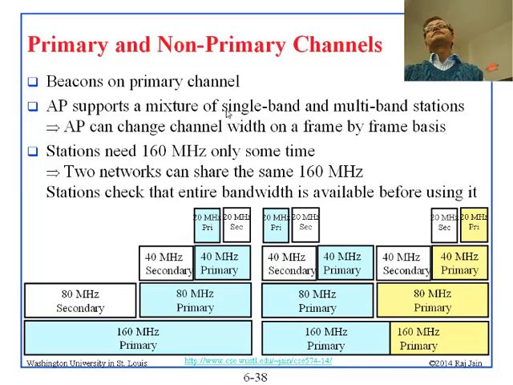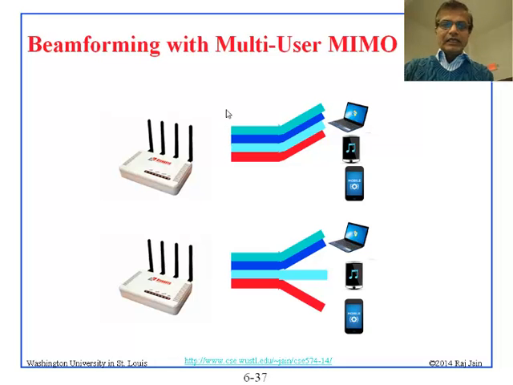Yeah. With the beamforming and the multi-user MIMO, is there a relationship between the antennas and the users? Like one antenna, one user, 5 antennas, 5 users? Yeah, okay. So that's correct. So here's the thing, the total number of everything cannot exceed the number of antennas. If you want to do 4 things in parallel, you need 4 antennas. Right?